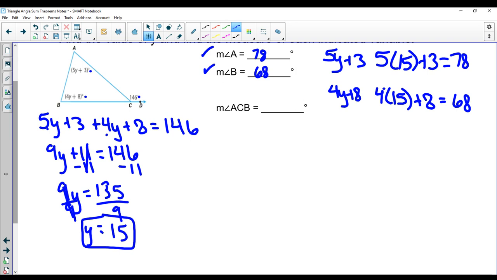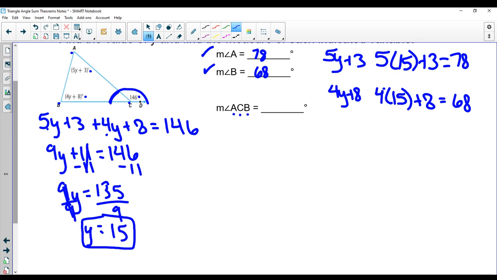Now, last thing I want you to find was the measure of angle ACB. So let's go back to our triangle and follow those letters. ACB. I want this angle right here. How do I find that, Mr. T? Well, again, you got two options. The first option I'm going to do in blue. I know from earlier that this exterior of 146 and this inside, they together will make a linear pair.